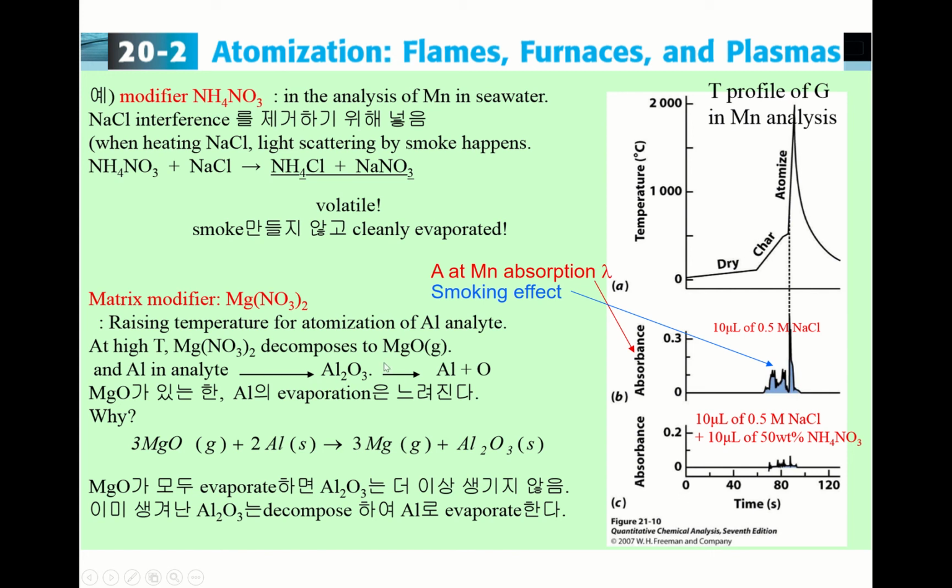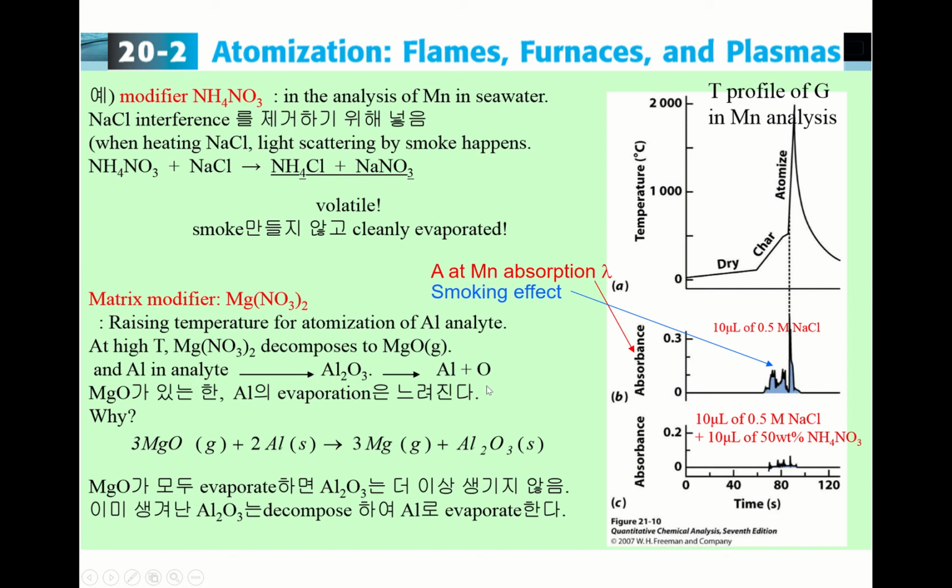Another modifier, magnesium nitrate, raises the temperature for atomization of the aluminum analyte. At high temperature, magnesium nitrate decomposes to magnesium oxide. Although in the absence of oxygen, since it has oxygen atoms here, at the elevated temperature magnesium oxide is formed, and aluminum in the analyte also becomes oxidized to aluminum oxide.